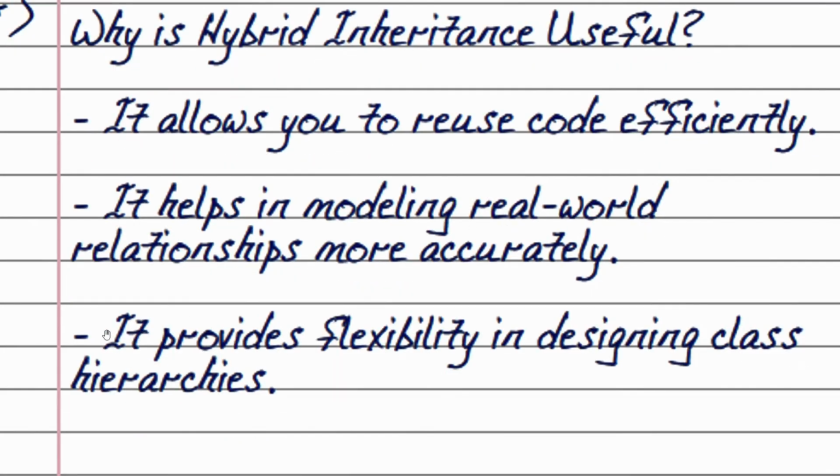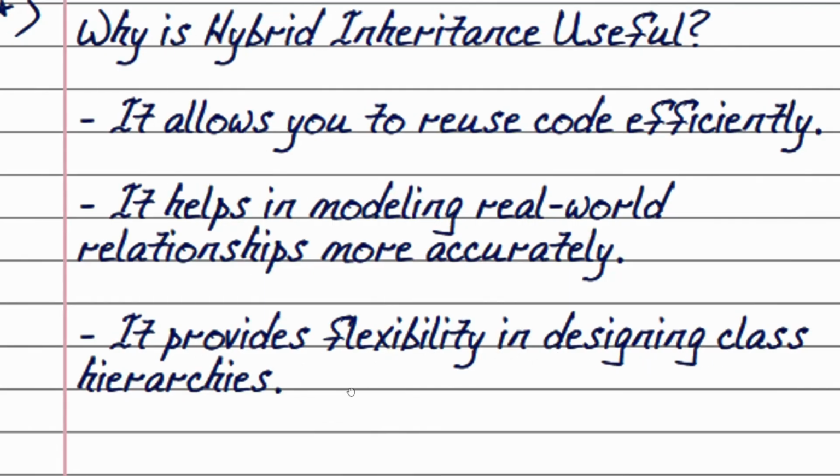Next, it provides flexibility in designing classes in a hierarchy. Obviously, if we use two or more types of inheritance in a single program, then we get flexibility in designing as well, and it could be beneficial.